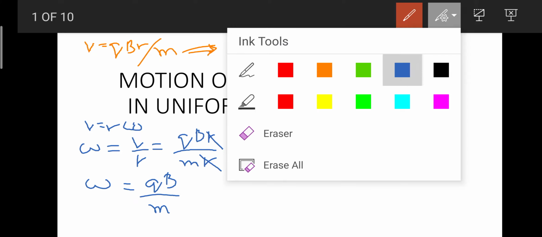So this is the value of angular velocity, or angular frequency, which we can easily calculate through this relationship.